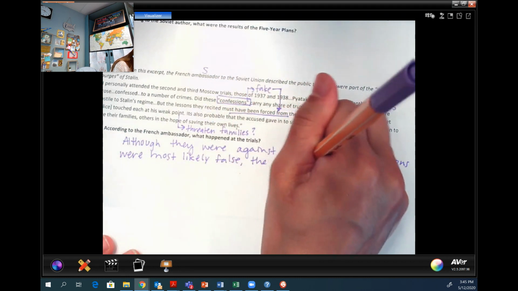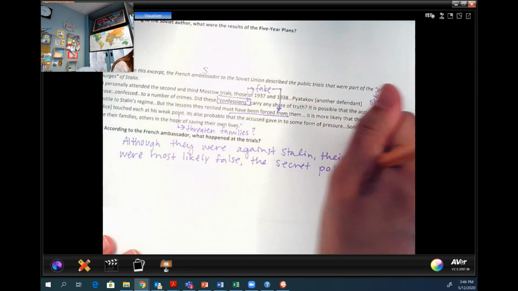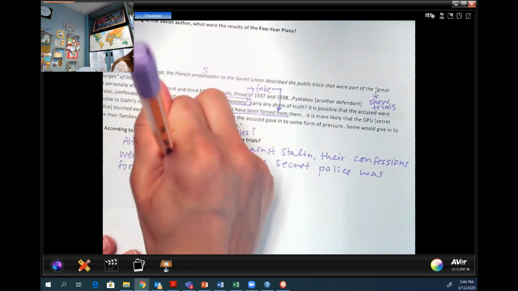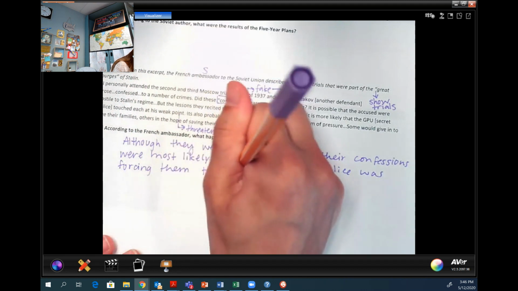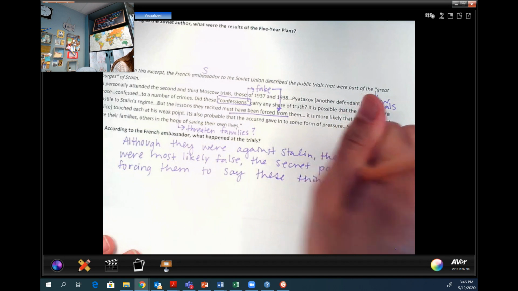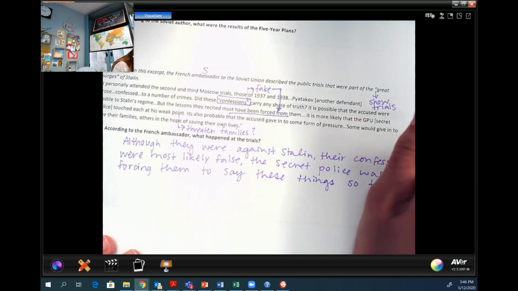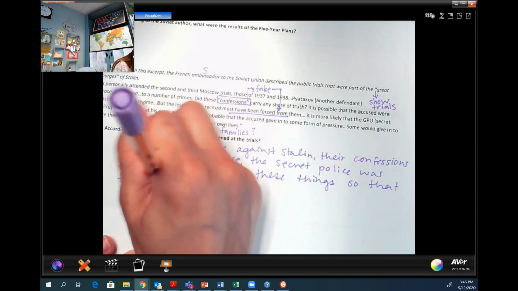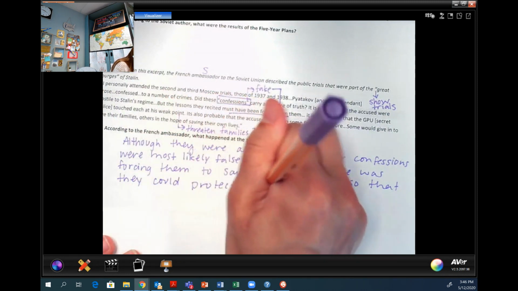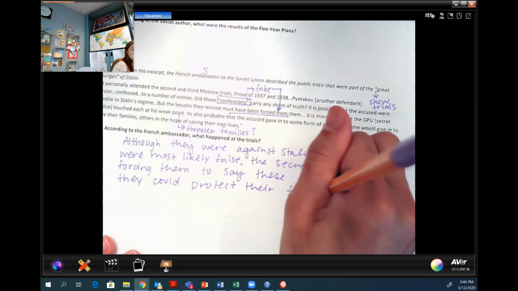The secret police was forcing them to say these things so that they could protect their families.